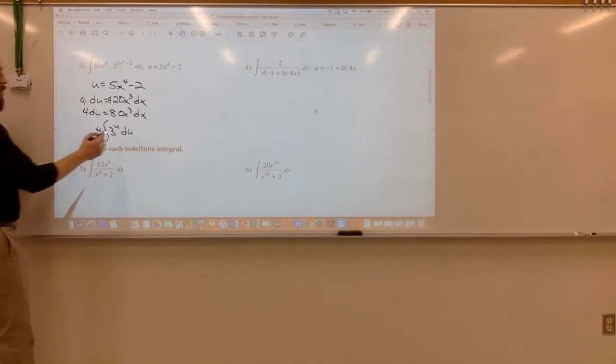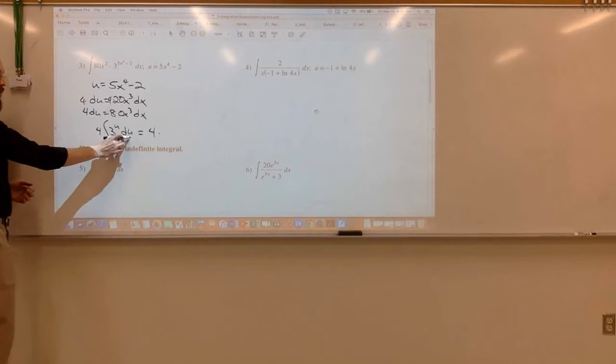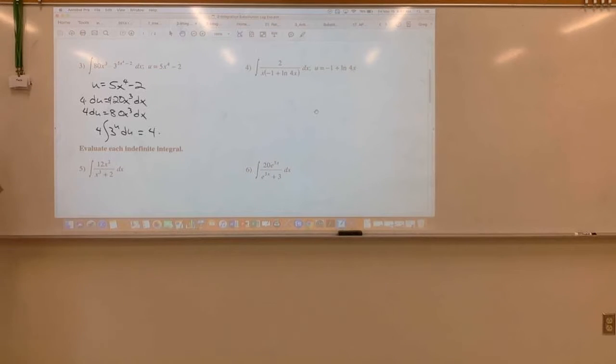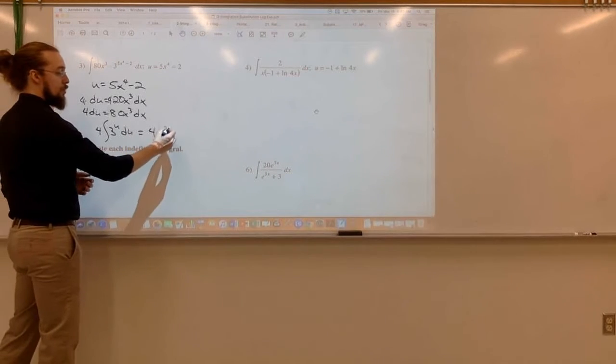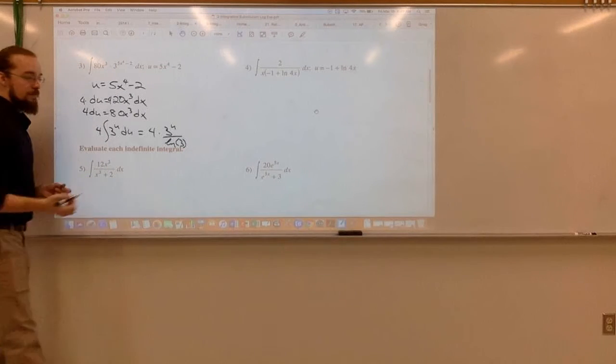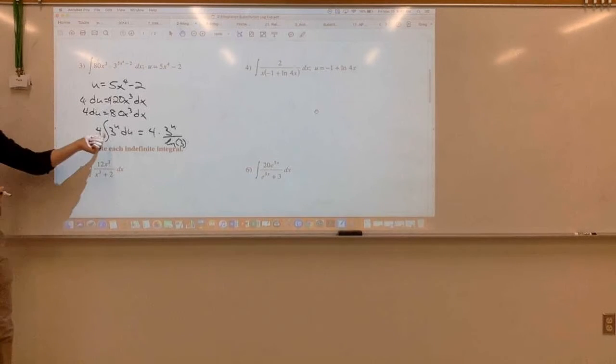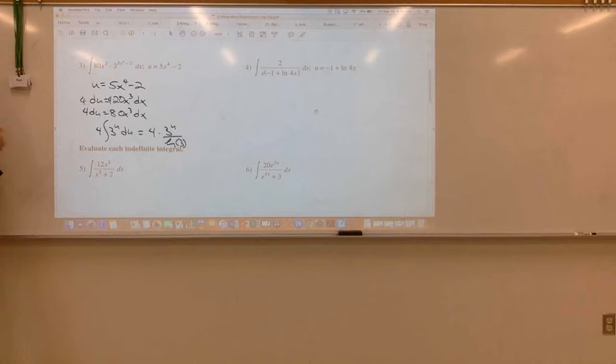Now when I take my antiderivative, I will have 4 times the antiderivative of 3 to the u du, which is just going to be 3 to the u, but then over the natural log of the base. Right? Because if I take the derivative of 3 to the u, that derivative is 3 to the u times du times the natural log of 3.